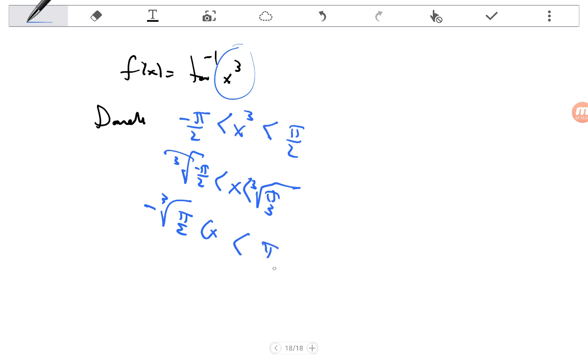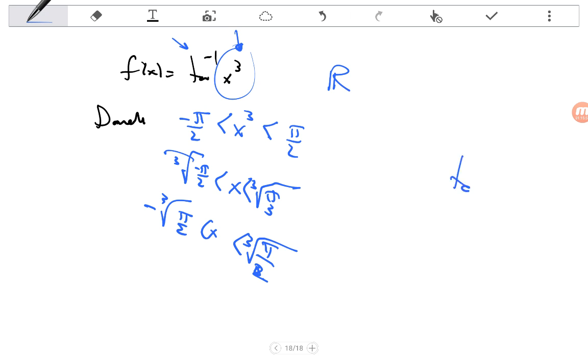So this is the domain. What about the range? We have made a transformation in x, so it doesn't change, it will be R.